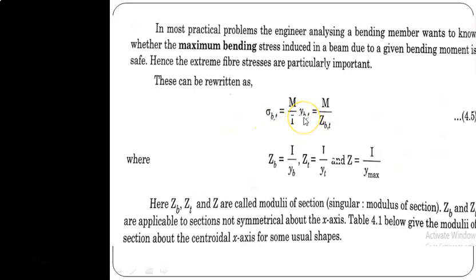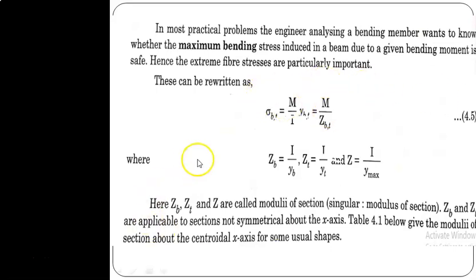y is nothing but the distance between the fiber and the neutral axis. So y is maximum at the distance between the neutral axis and the extreme fiber, and in that case we obtain the maximum stress. Suppose we take a particular section subjected to a constant bending moment. For the given section, I is constant, so sigma_bt varies only with respect to y.